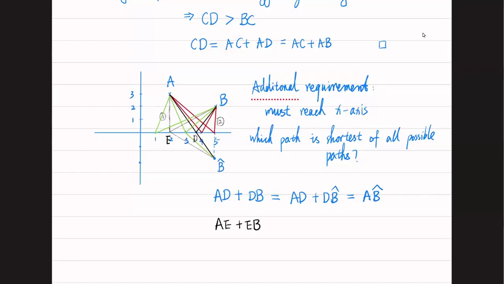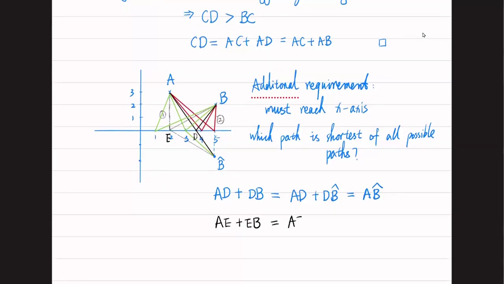And because B hat is the image, I claim AE plus E B hat. So these two paths from E to B or to its image have the same length.